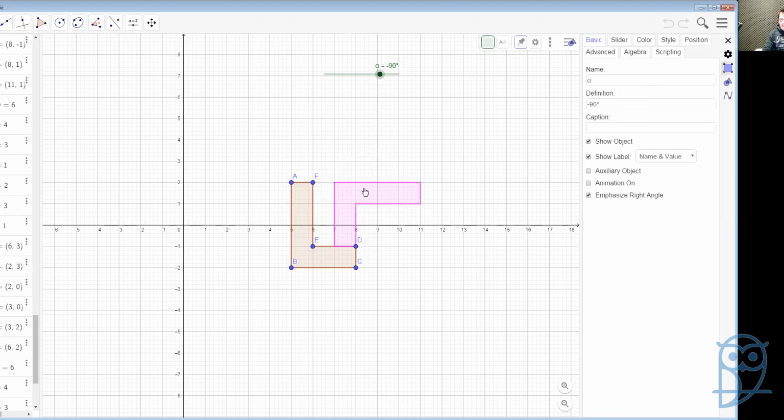There we go. So that is a 90-degree rotation, and that rotation is happening clockwise. Then we can hit 180. There's 180. We hit 270, which is the equivalent of 90 degrees anti-clockwise.